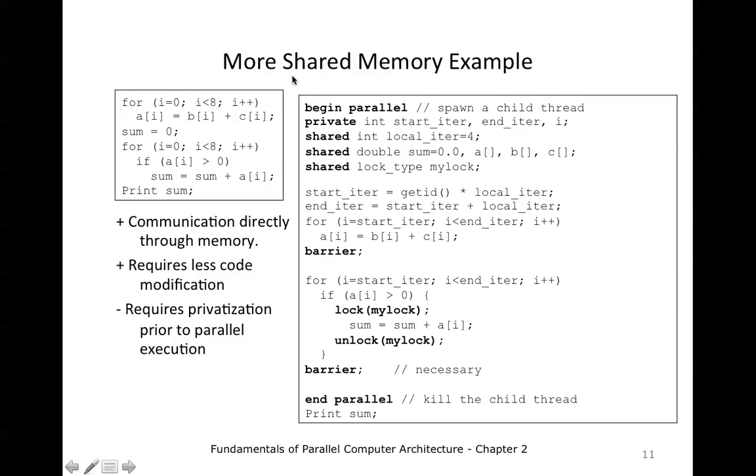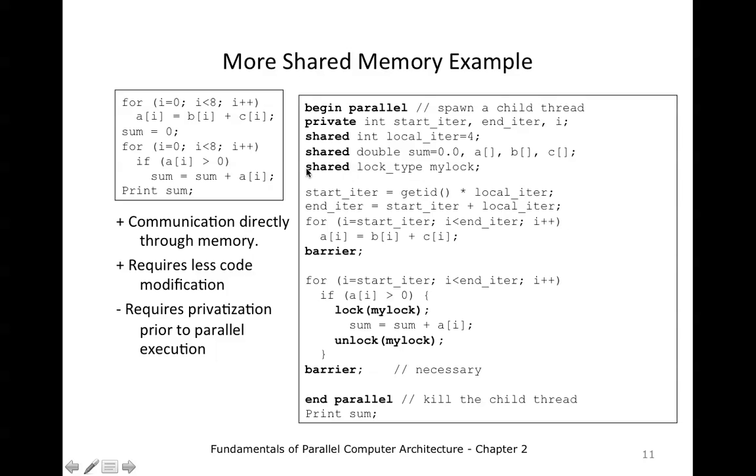For example, in order for 2 threads to execute different iterations of the loop, the 2 threads have to have a way to keep track of their own iteration number, and also their starting iteration and the ending iteration. So we have to have a way to declare variables as private. For example, private start iteration, end iteration, and i.